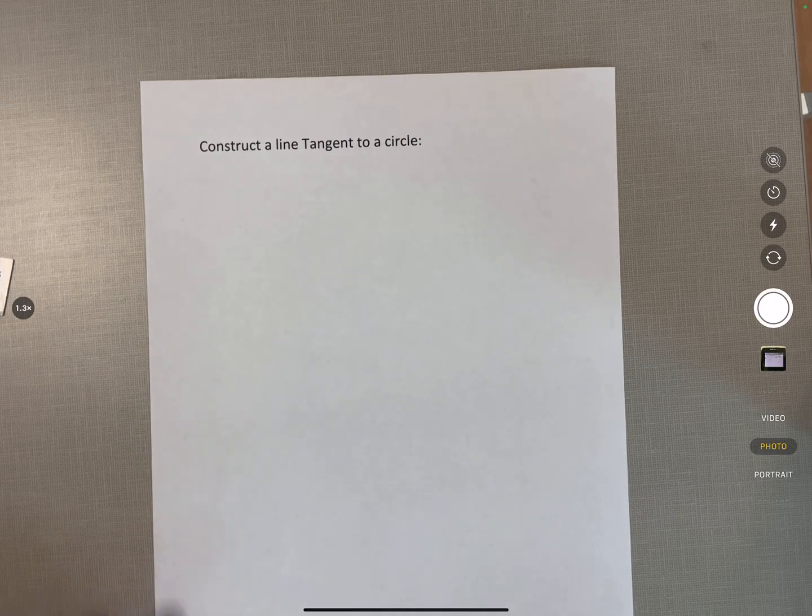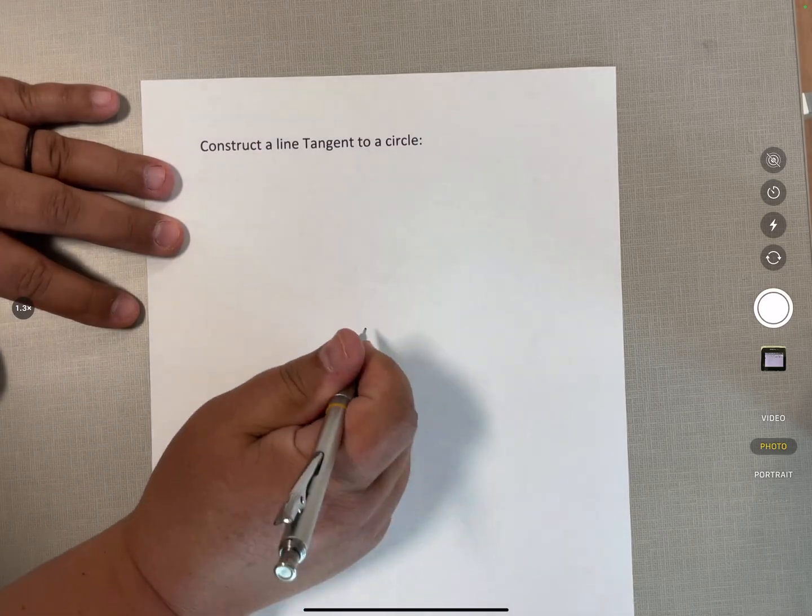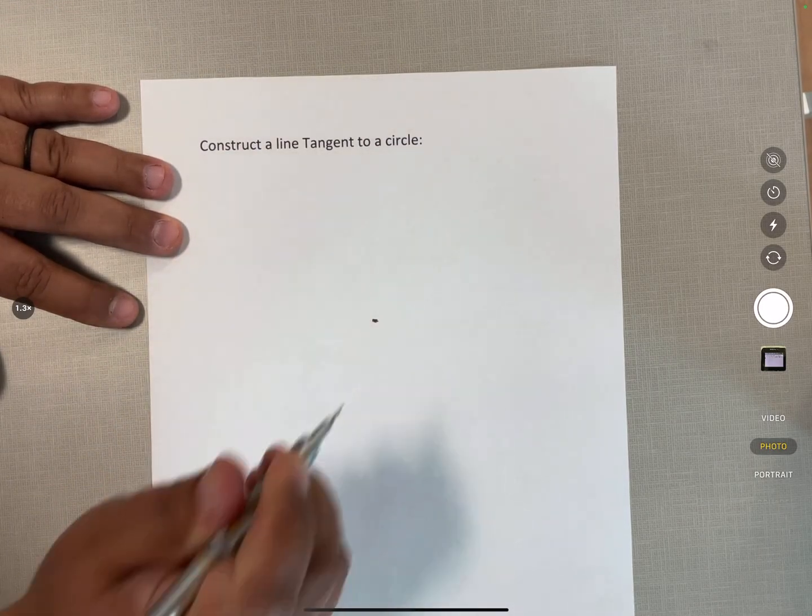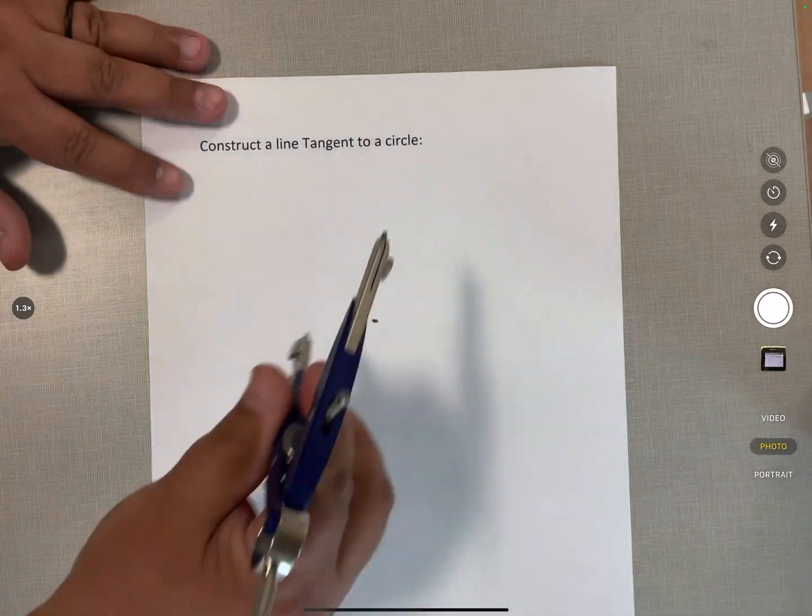We are now going to construct a line tangent to a circle. So we're going to start off with a point, draw a circle.